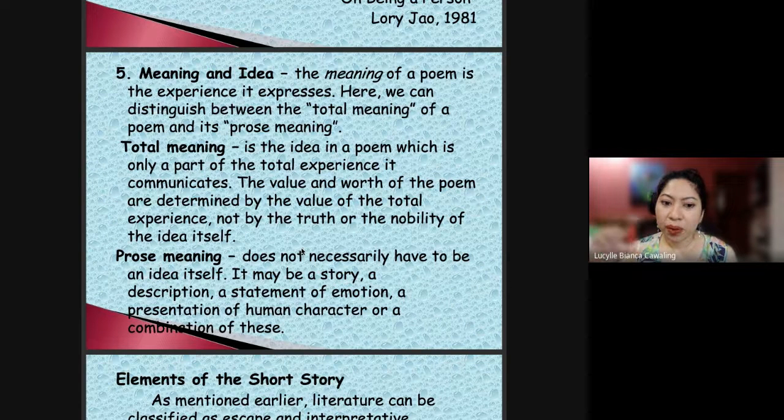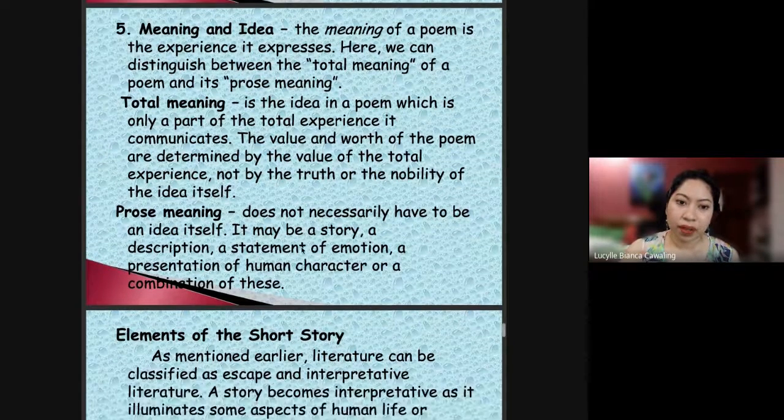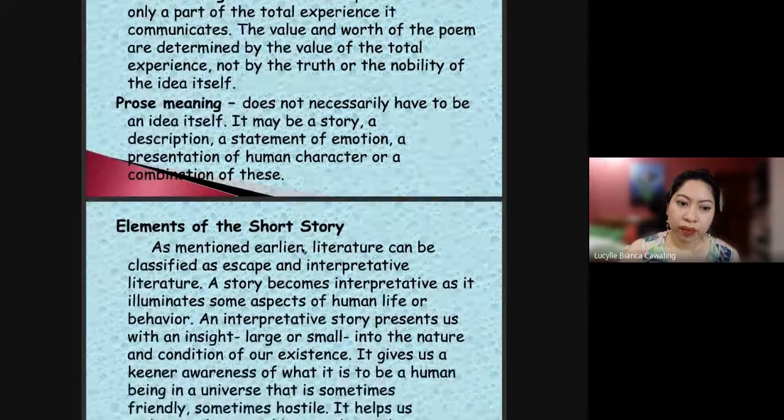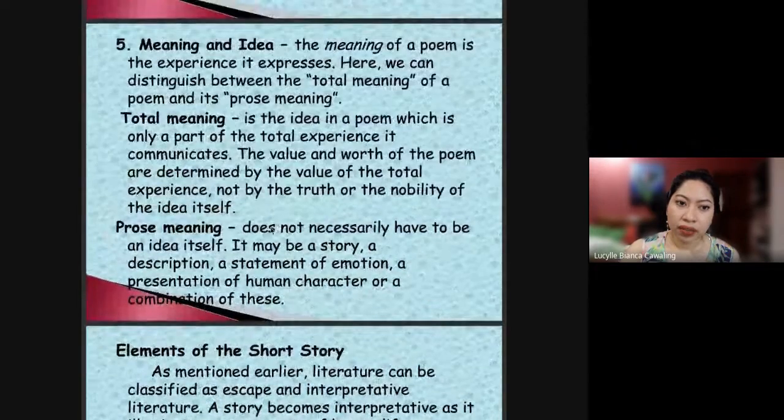And then prose meaning does not necessarily give out the entire idea itself, but rather it could be a short description, a statement of an emotion, or a presentation of a human character, or a combination of these. So that is a difference. So that is the poem.